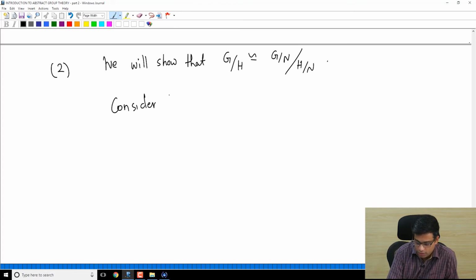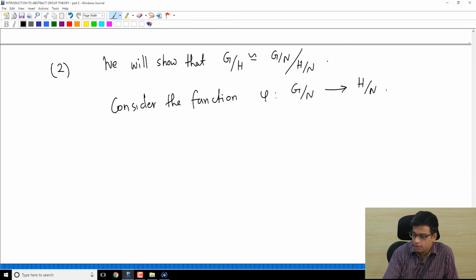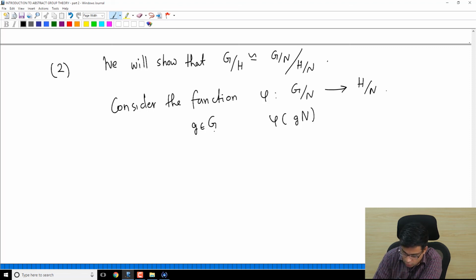The map to consider here is the following. Let me consider this map from G mod N to... sorry, this is not a map to H mod N, this is a map to G mod H. I take an element of G mod N, which is a coset of capital N in capital G. So I take a small g in capital G and consider the coset gN.